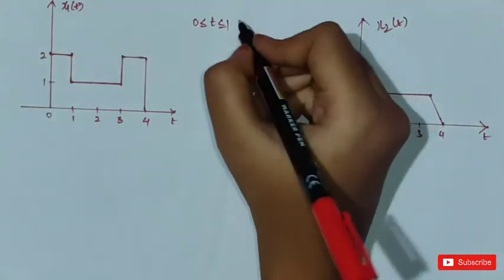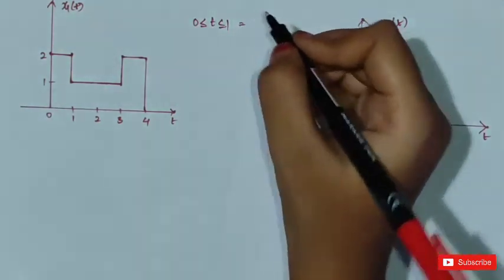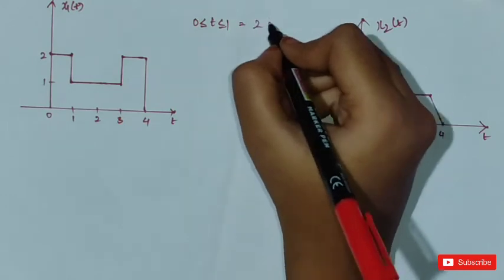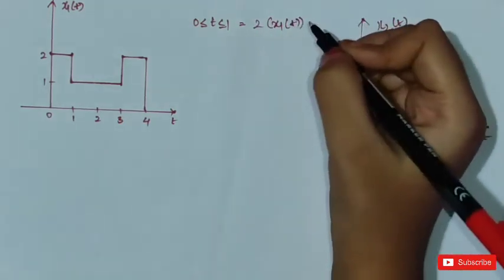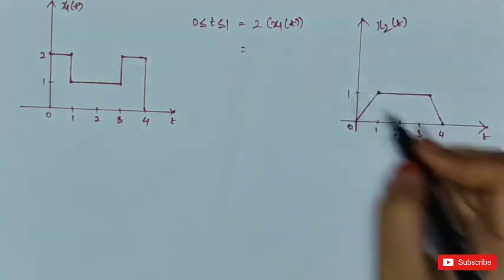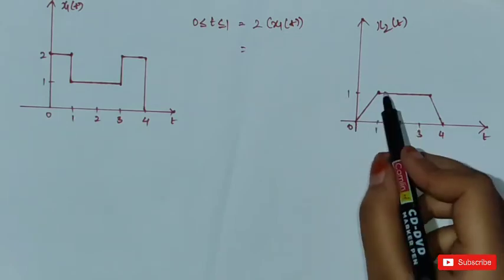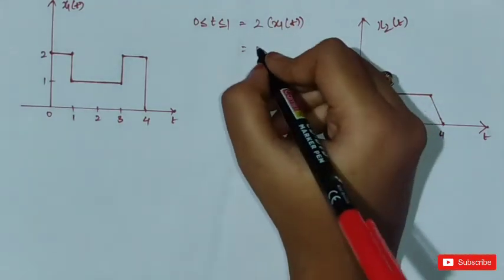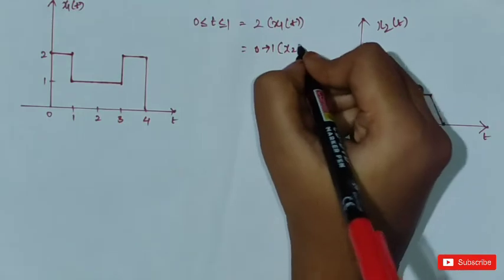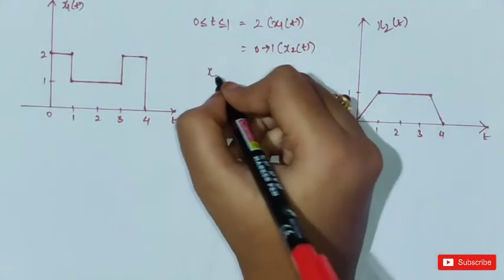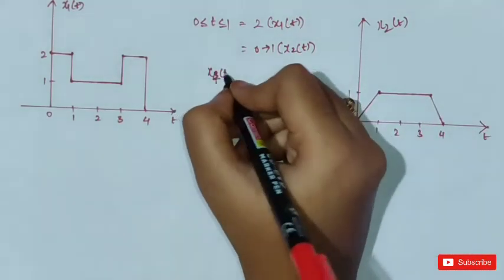What is the amplitude value in between the interval 0 to 1? In x1 of t the signal is 2. In x2 of t, it is rising from 0 to 1. Now we have to calculate x4 of t.